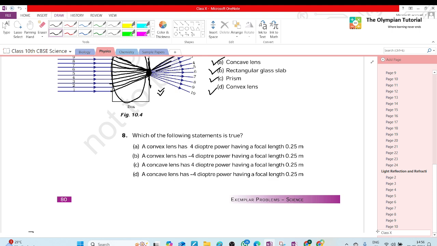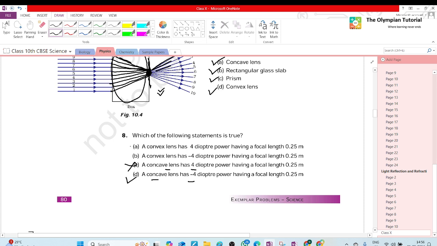Focal length is negative for concave and positive for convex. Concave has negative focal length. So here, for concave positive, this option cannot be correct. Concave negative can be correct.